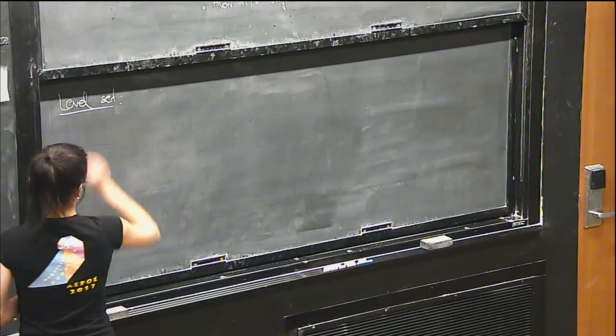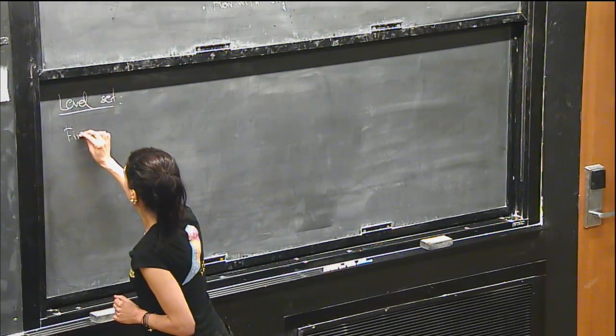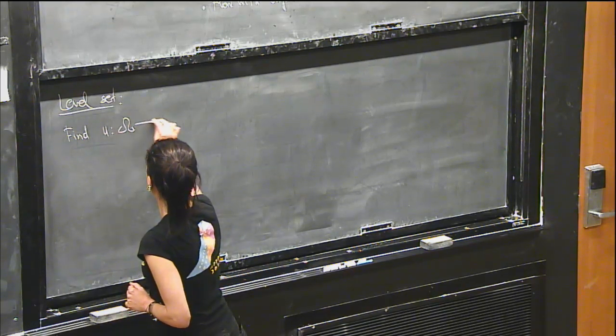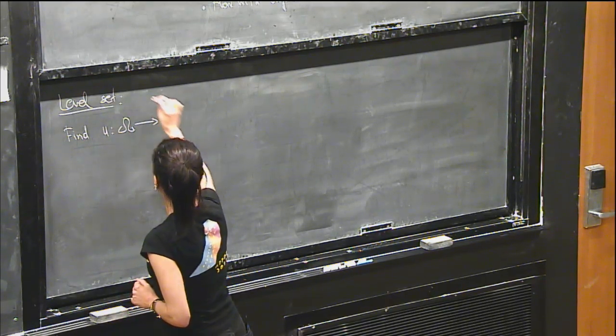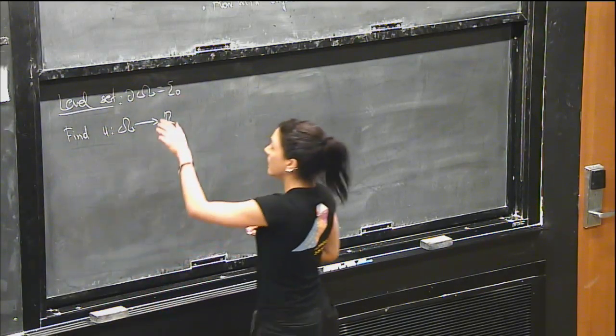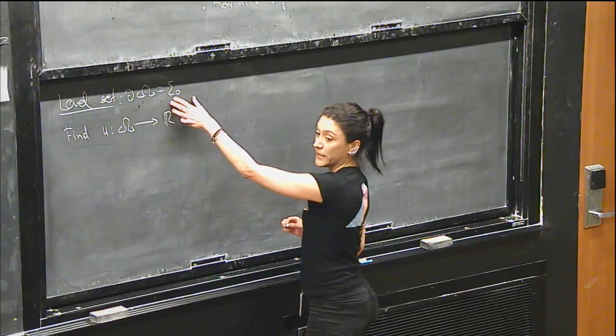So what does this let find a function u? So omega will be such that the boundary is your initial surface.